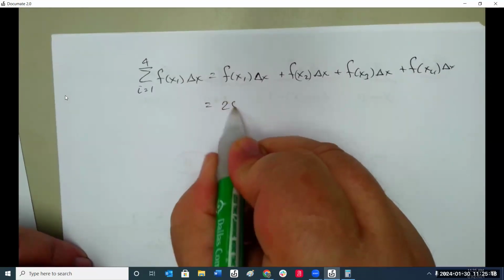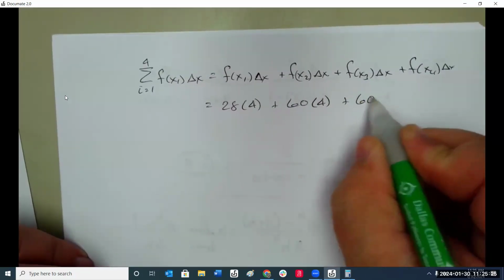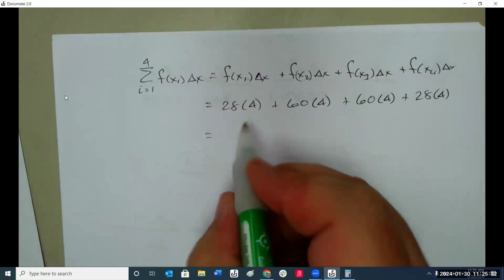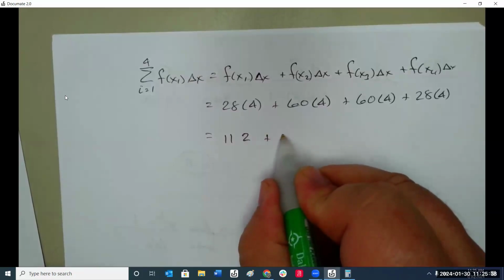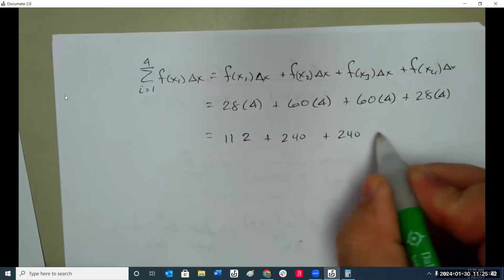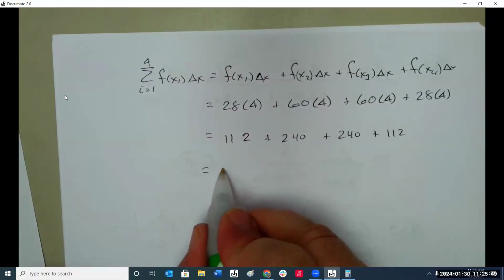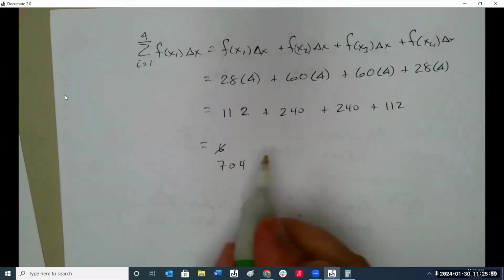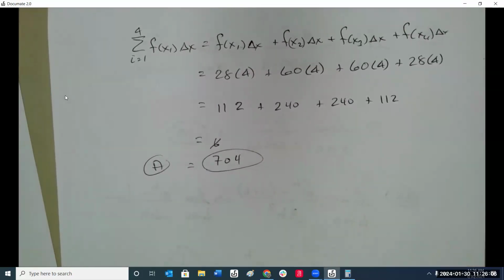So it's 28 times 4, 60 times 4, 60 times 4, 28 times 4. 112, 240, 240, 112, which adds up to 704. So the area using the midpoints is 704.